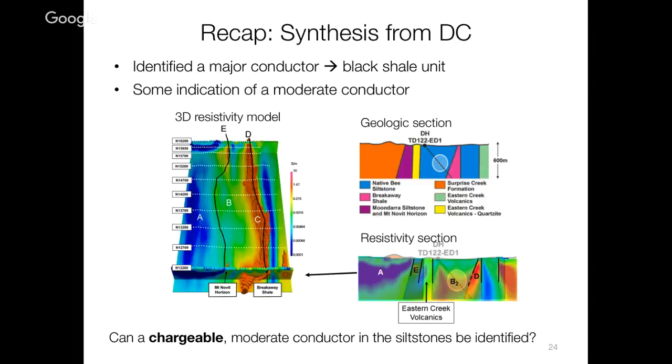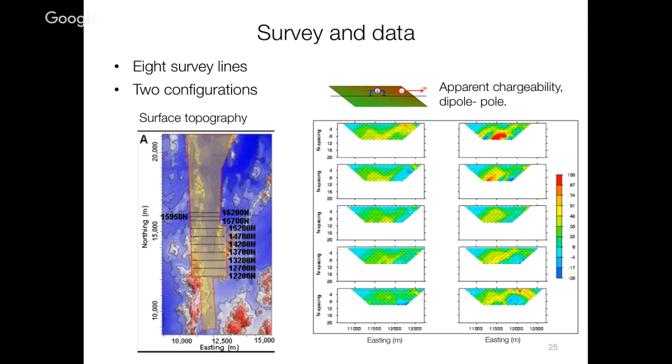So just to remind you where we were from the DC resistivity, we had done the 3D DC resistivity inversion. We found this great big conductor in here that was that black shale, and there was a moderate conductor that was coming in here. So our survey and data are the same as they were before. We've got a pole-dipole experiment. Here's the pseudo sections that we've got. So remember the lines.